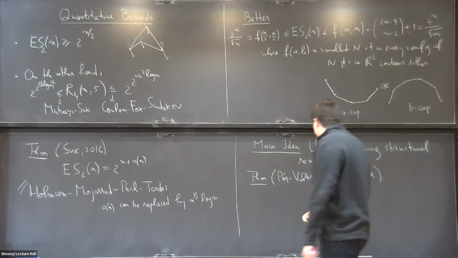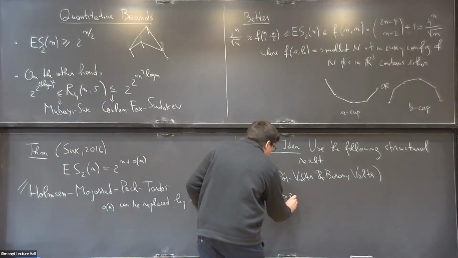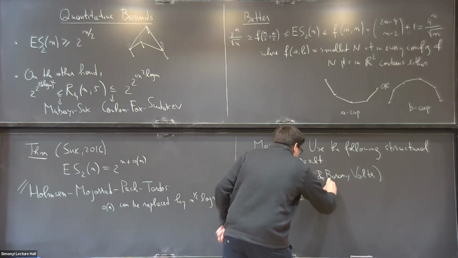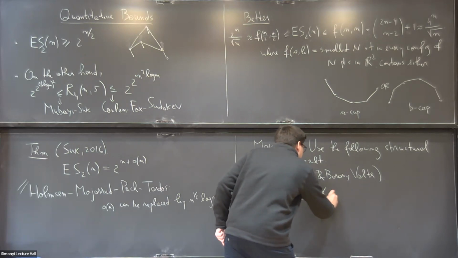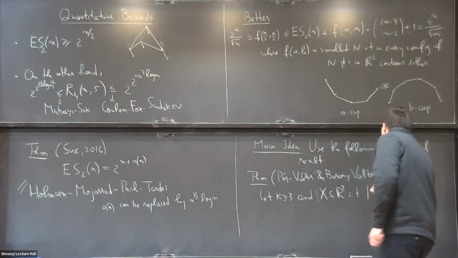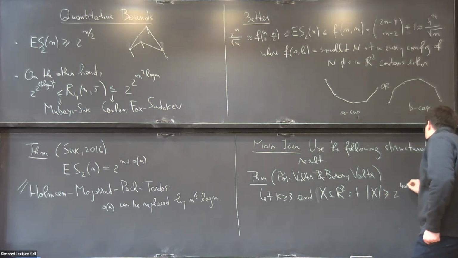This is the following. I'll give you a positive integer k, at least 3, let's say, and a set X in the plane, large in terms of k, exponentially large. All right, so exponential in k, but you should not take it too seriously.